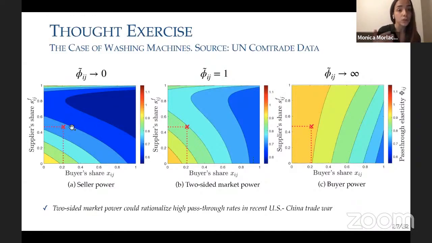However, our framework also says that a situation where we observe a complete pass-through of a US tariff into US import prices is not surprising if the bargaining power is more concentrated towards the buyer than towards the seller. So our two-sided market power framework could rationalize high pass-through rates in the recent US-China trade war. I'm not making any statement here. This is just an example of how we could use our framework to rationalize existing estimates of pass-through, and this is on our to-do list.